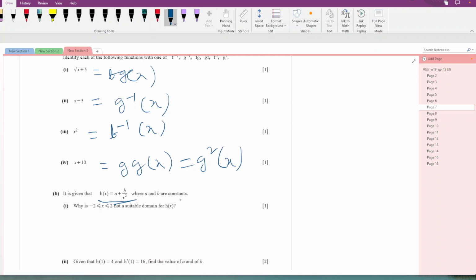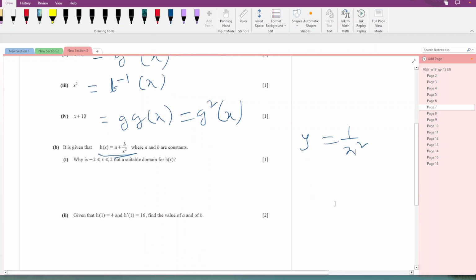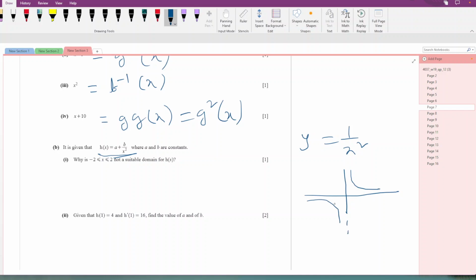belongs to the category of y equals 1 by x squared, and if I sketch this here, this is the curve, and this is the x-axis, this is the y-axis.